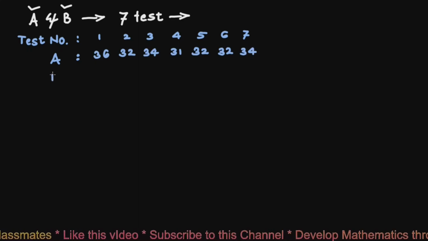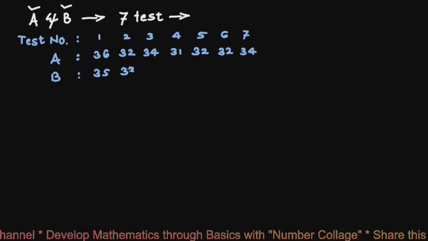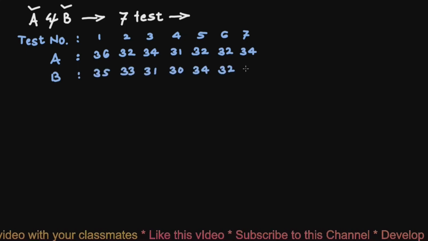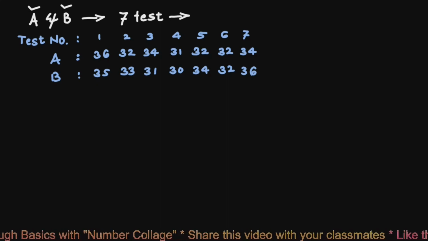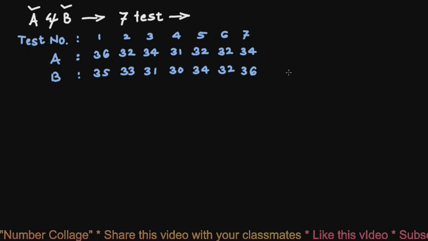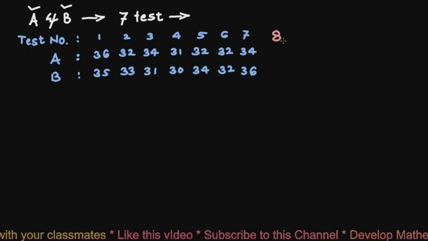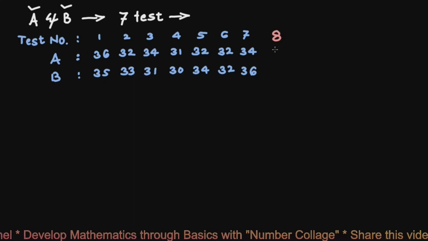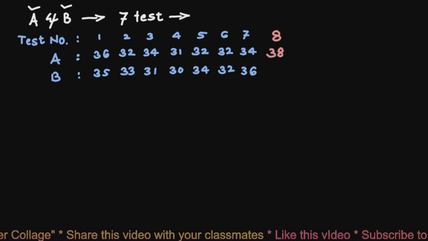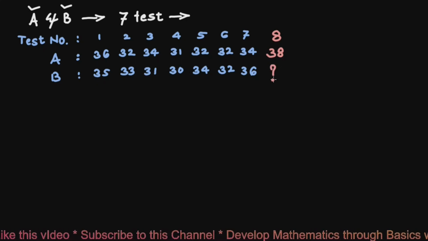Marks obtained by B in first test 35, in second 33 and in the seventh test 36. On the basis of the trends of marks obtained by A and B in these 7 tests, suppose 8th test was conducted and A got 38 marks. We have to find how many marks will be obtained by B based on this performance.